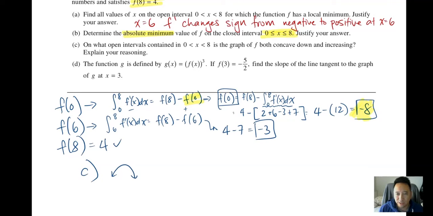Now, if they're asking for concave down and increasing, that means my slope has to be positive. So on a slope graph, f prime, first of all, it has to be above my x-axis, indicating I have a positive slope. But the slope has to be decreasing. So I have to look for something that looks like this. Let's do it again.